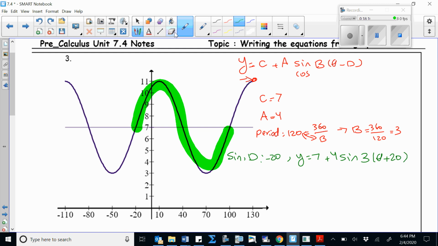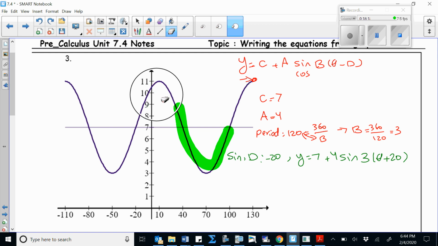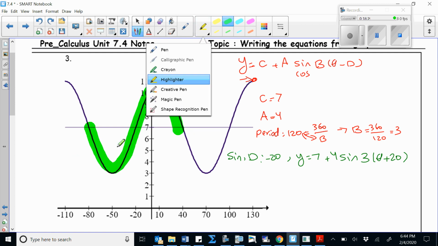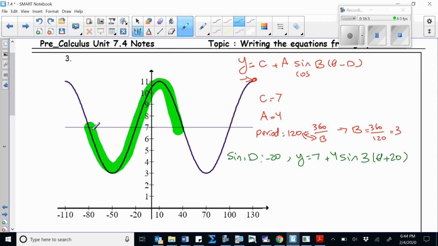Now I'm going to write a negative sine function. For a negative sine function, I can look at this part of my graph. This is a reflected sine graph. Starts from negative 80. So D is negative 80.